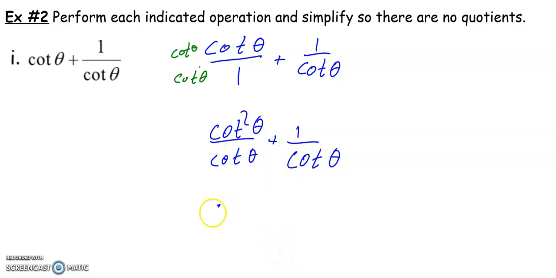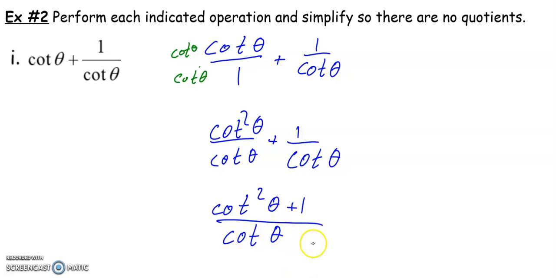When we add fractions, we add the numerators, the top, and we leave the denominators alone. Now when I'm looking at this, cotangent squared theta plus 1, that looks like one of my Pythagorean identities from Lesson 3.1.